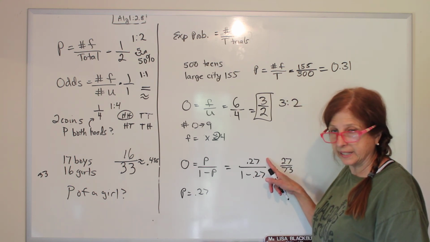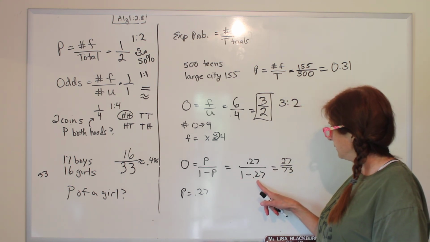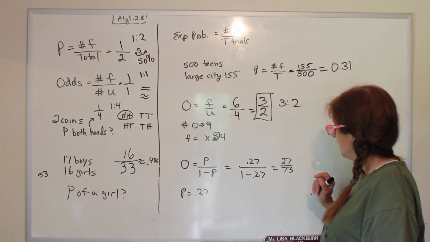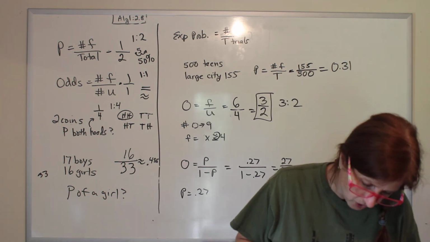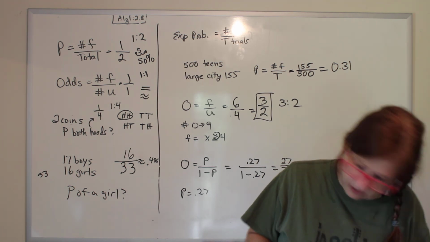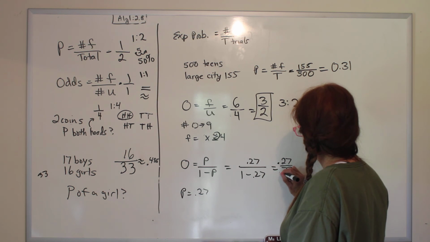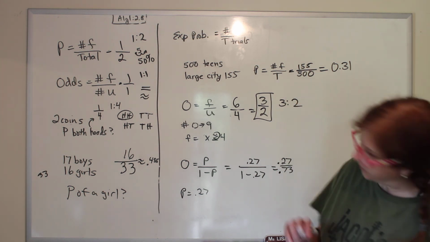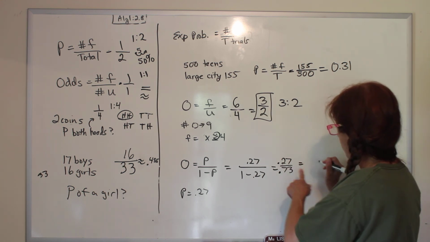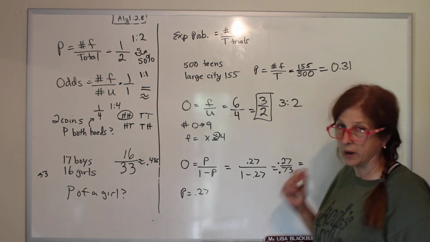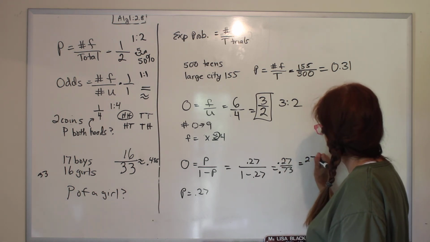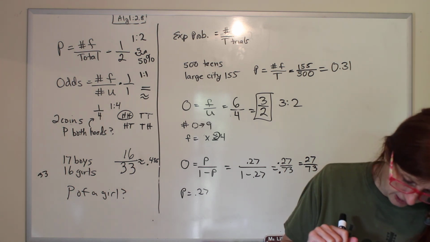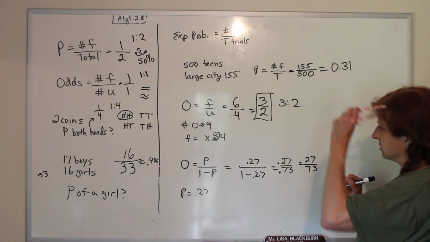You write the probability up here, 1 minus the probability down here, and you get 0.27 over 0.73, and if we change that to whole numbers, because it's a ratio, we're allowed to do that, we can say it's 27 to 73 is the odds the randomly chosen house would have a cat.